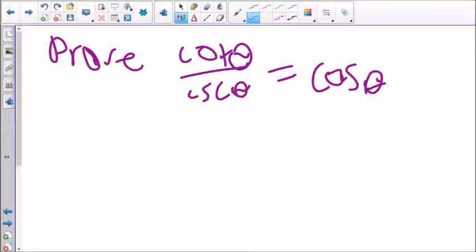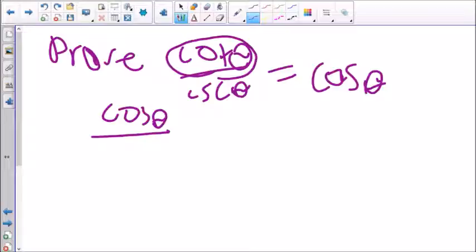Well, the first step would be to change everything to sines and cosines, like I've said before. So you take cotangent and make that cosine theta over sine theta, and you don't make it 1 over tangent because that's not sine and cosine.